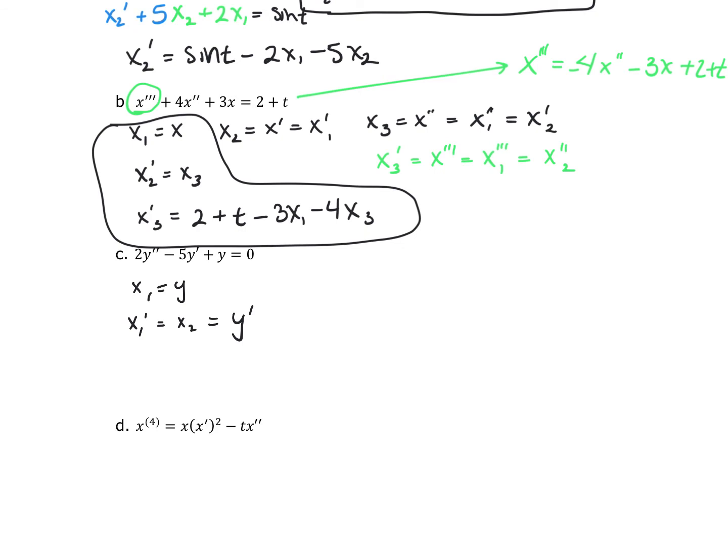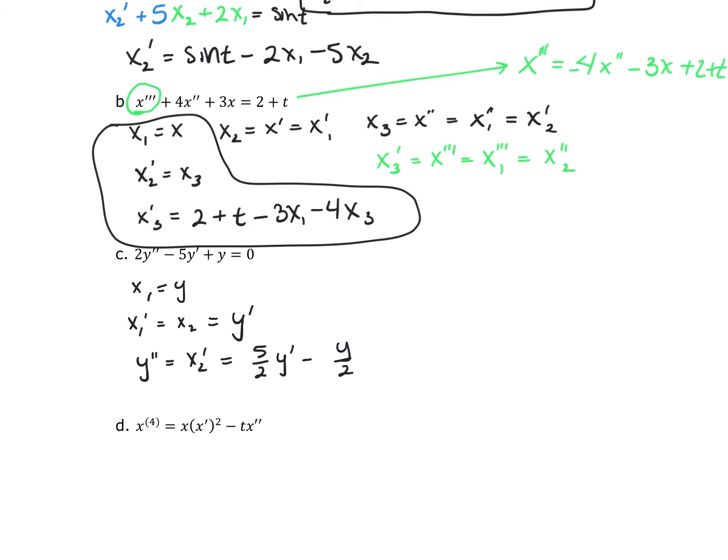So then I have basically, solving for y double prime, which would be x sub 2 prime, which would be equal to, well, I have to divide everything by 2 and move things to the other side. So it'll be positive 5 over 2 y prime minus y over 2.